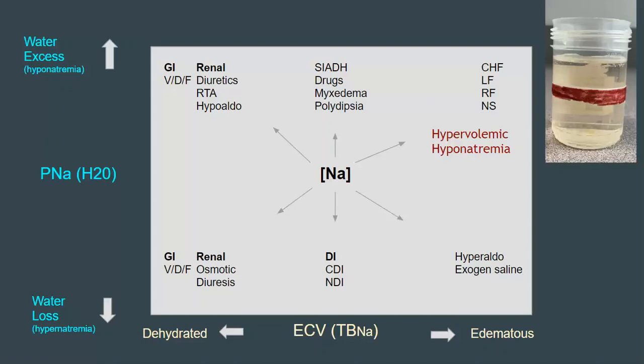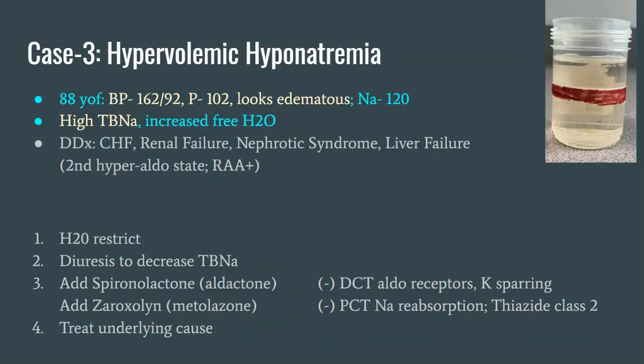Either that or the patient is drinking a lot of free water because maybe they're really, really thirsty. So this is our differential. This is our secondary hyperaldosterone state with a stimulation of renin-angiotensin-aldosterone.